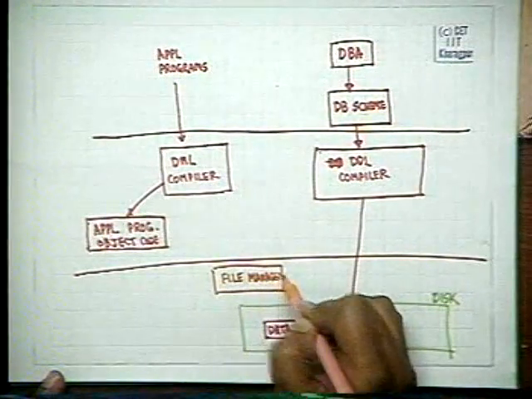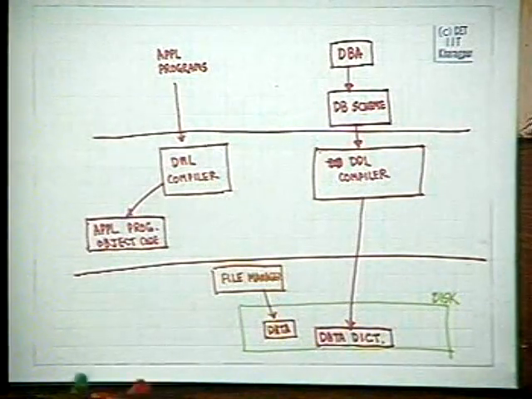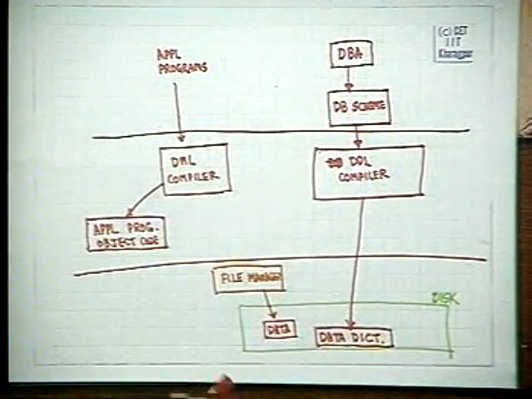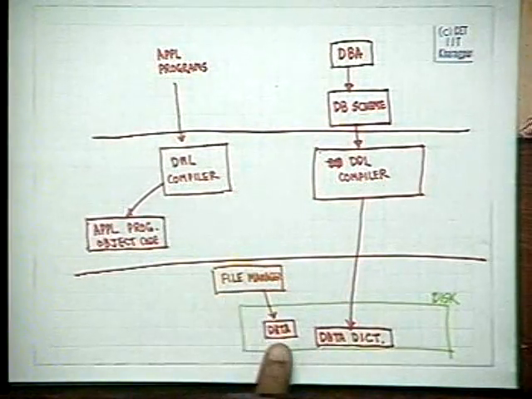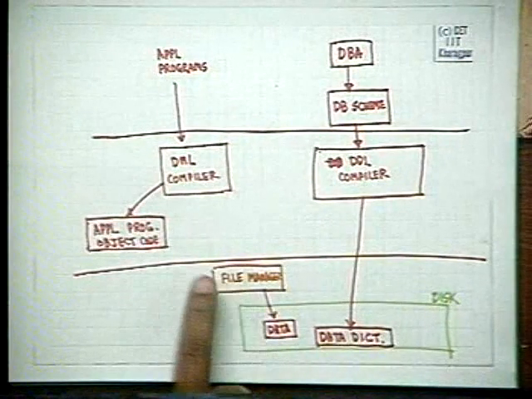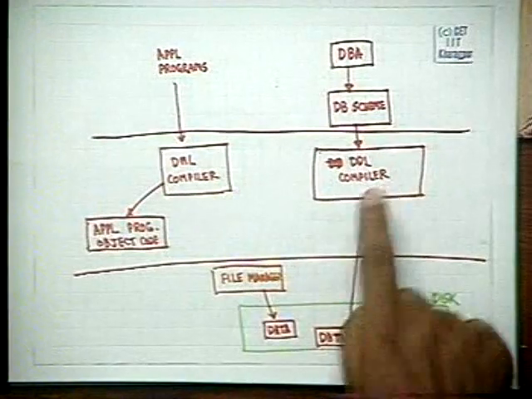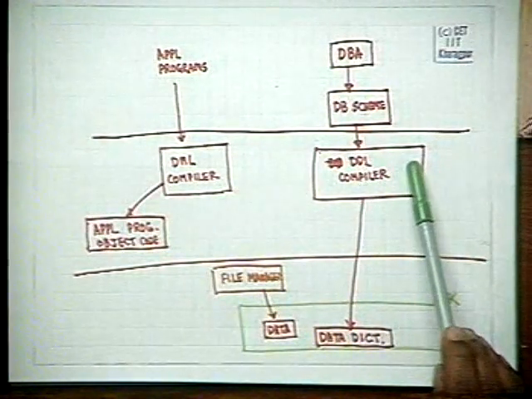What does a file manager allow you? The file manager allows you access to data, and the files are accessed to read, write and all these operations which are provided by the operating system. Now, they must know which data to access. This depends on the way the data is stored and defined.